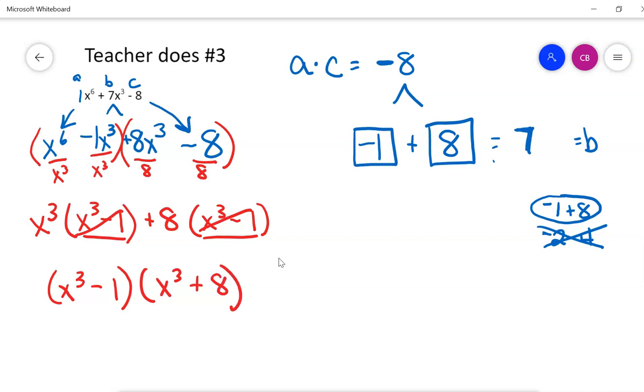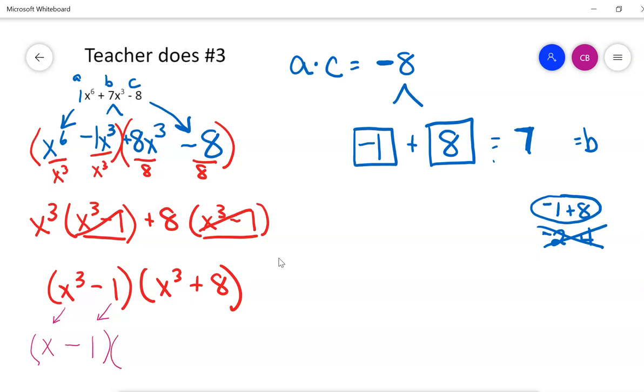Now, looking at this, it would be nice if we could say we were done, but both of these are perfect cubes. So I'm going to factor further. If I take the x cubed minus 1 and put those numbers in the cube root calculator, variables cubed just become the variable without the cube. The cube root of 1 is 1.